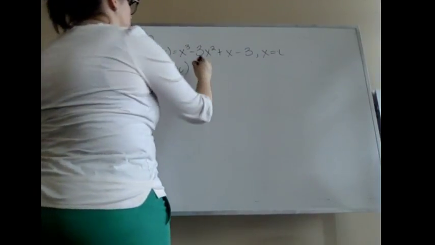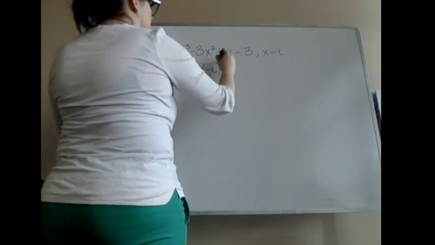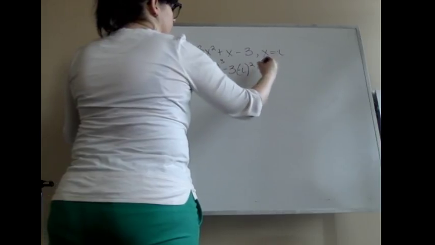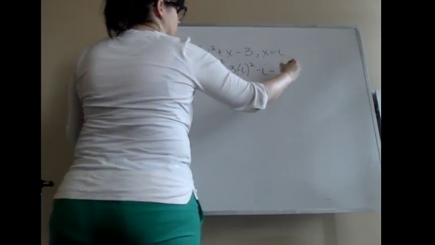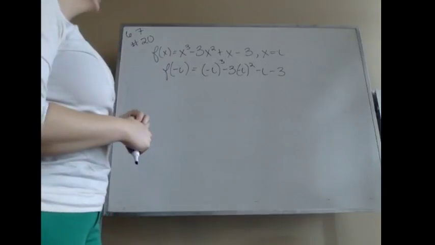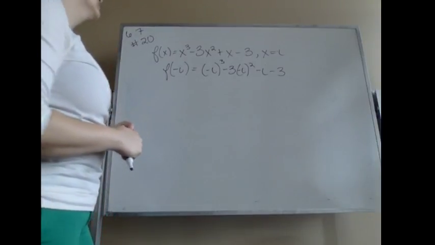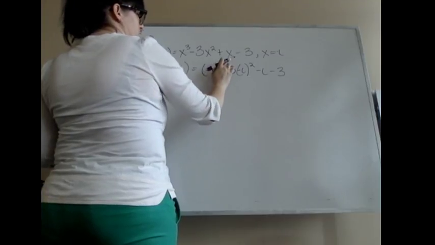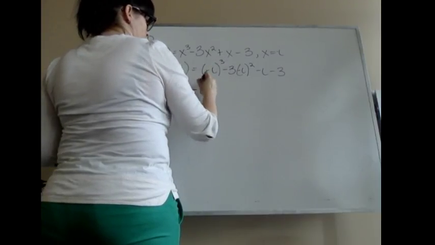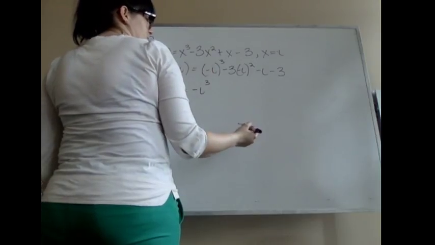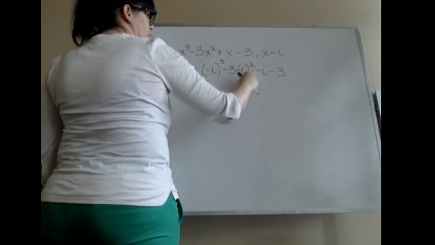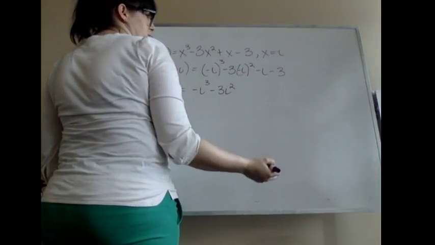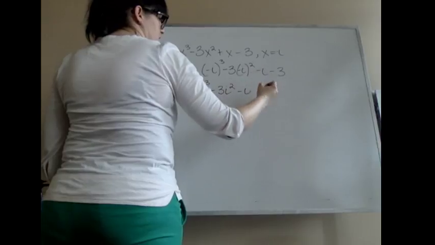f of negative i equals negative i cubed minus 3 times negative i squared minus i minus 3. So negative i cubed is negative i cubed. Negative i squared is i squared, so minus 3i squared minus i minus 3.